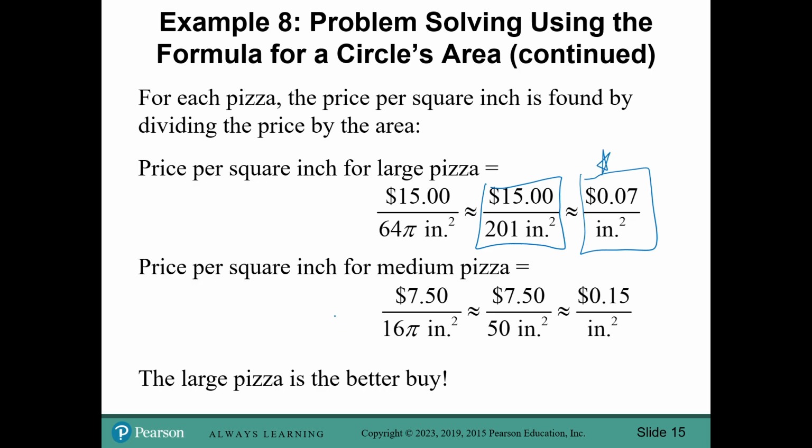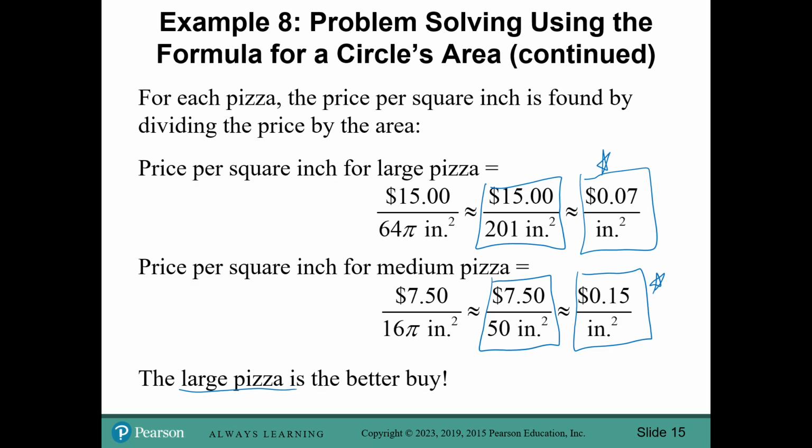If we do the same thing for the medium pizza, the medium pizza costs $7.50 and it spans 50 inches squared, which is approximately 15 cents per square inch. Okay? Now, which one's cheaper? Which one's the better buy? Obviously, the large pizza is the better buy because it's cheaper per square inch. So you're getting more pizza for less money with the larger pizza than you are with the smaller pizza.